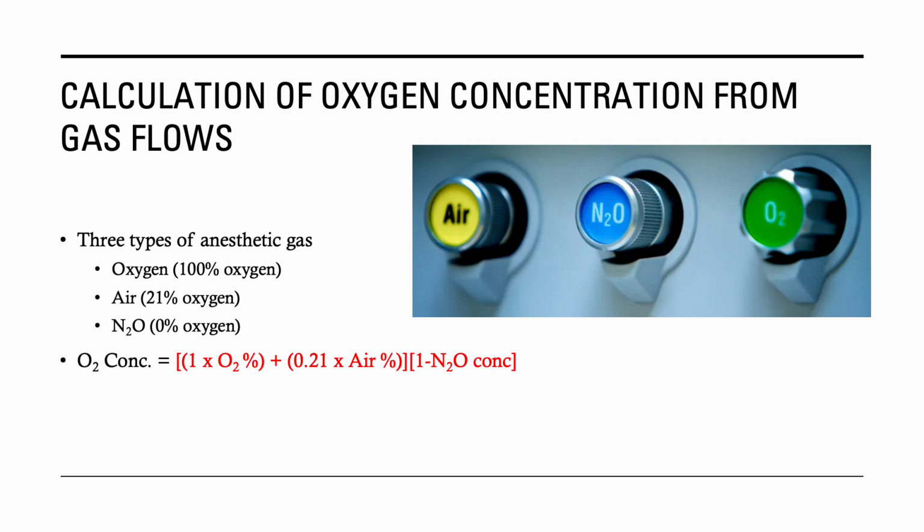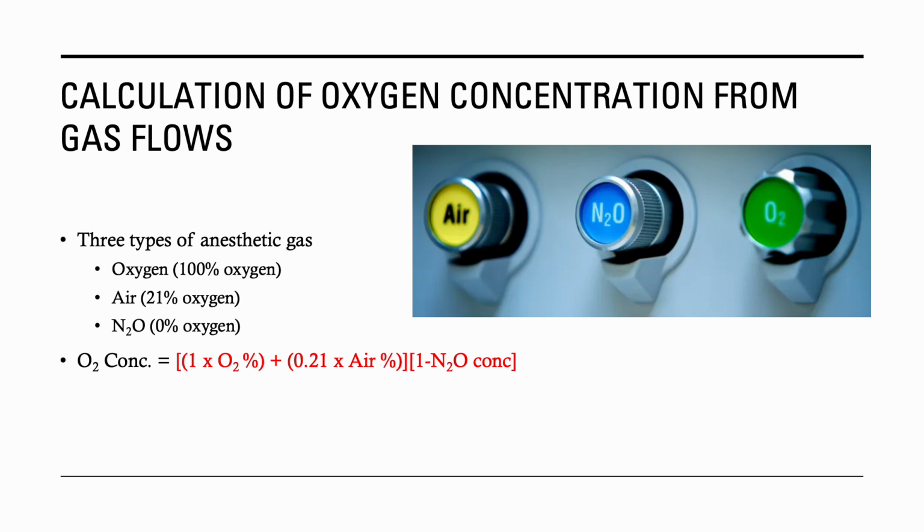But otherwise, it's a fairly simple calculation, and you can sort of figure it out using common sense. So oxygen, O2, is, of course, 100% oxygen. Medical air is just like the air that we breathe. It's 21% oxygen. So based on the rate of flow, you need to calculate the total percentage of oxygen between these two gases.